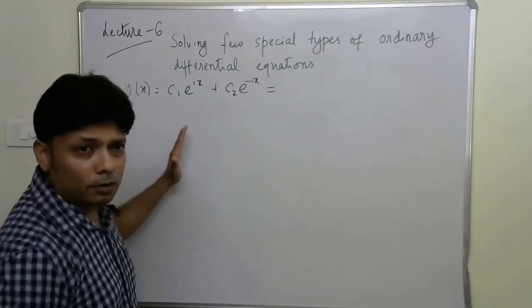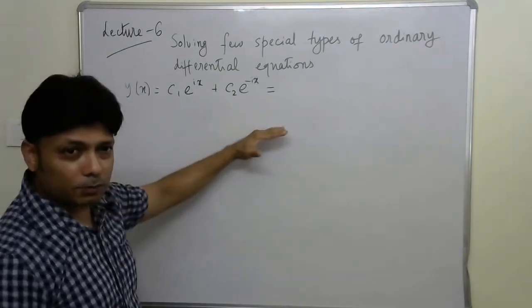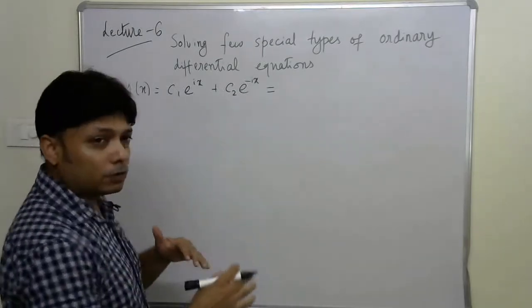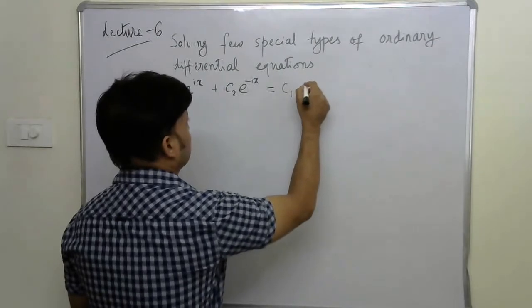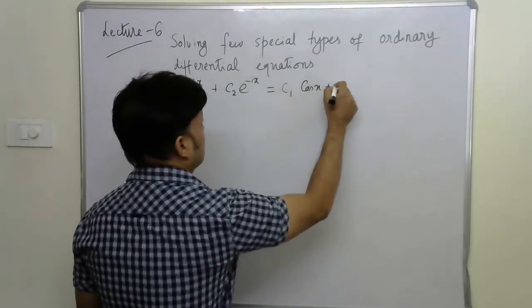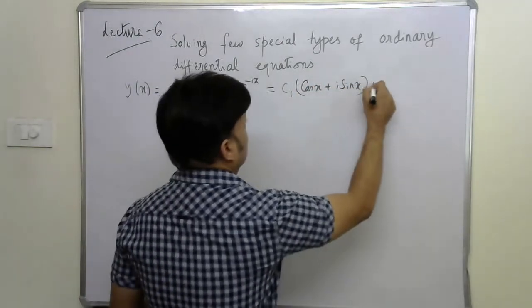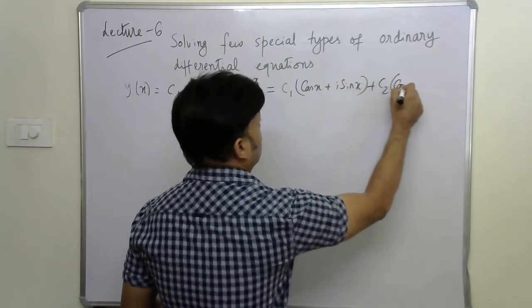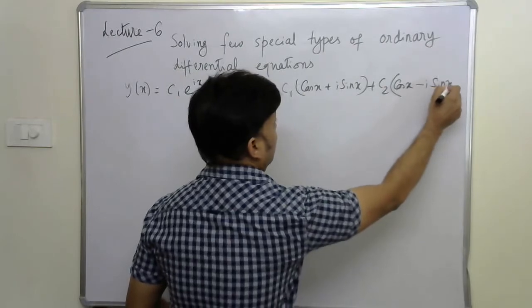So therefore we can now continue that y of x is equal to this expression, and then we can replace e to the power ix in terms of Euler's expression. So c1 times cos x plus i sin x plus c2 multiplied by cos x minus i sin x.